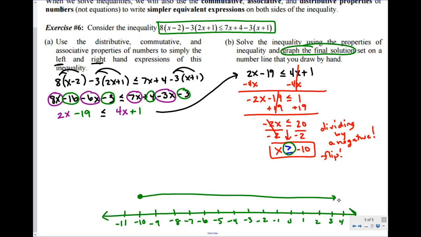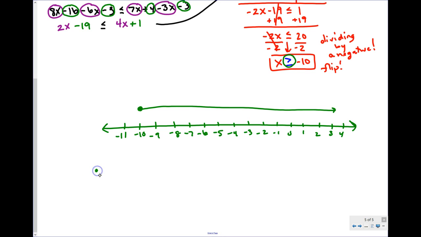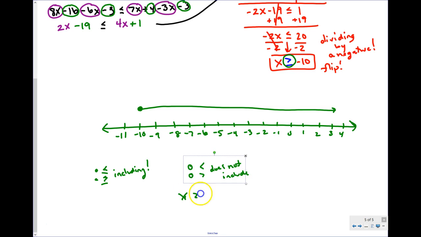One last thing before we finish up. This problem is all complete, but I want to give you guys a reason for why we have this closed circle. We're basically saying that we're including the number here. This greater than or equal to means that x could be negative 10. So we close the circle because it's including it. We have an open circle for less than or greater than because it does not include it.